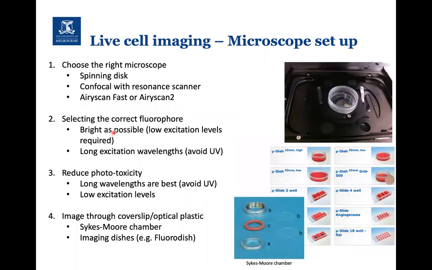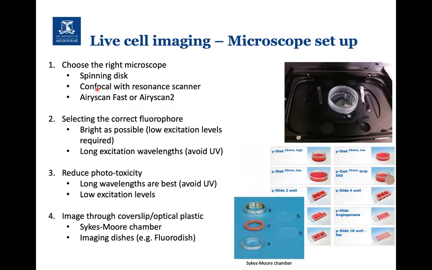Okay, in terms of microscopy setup, so choosing the right microscope to do your experiments. There's a few options here that we have within our platform. So the spinning disc I already mentioned on Tuesday is very, very gentle on samples, so ideally set up for live cell imaging.